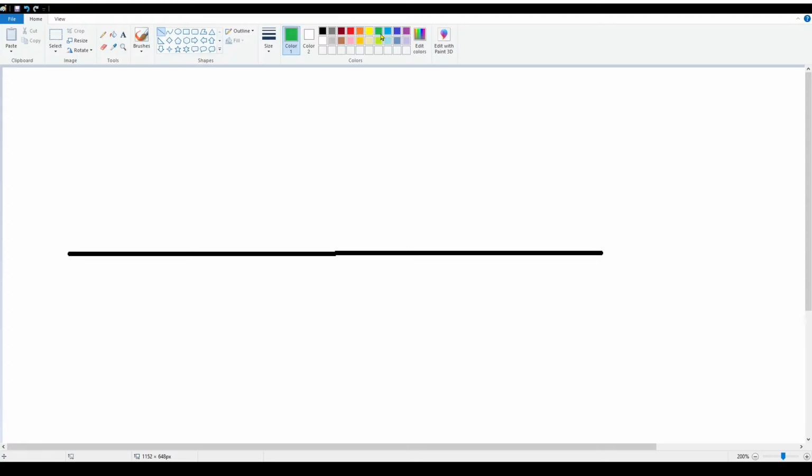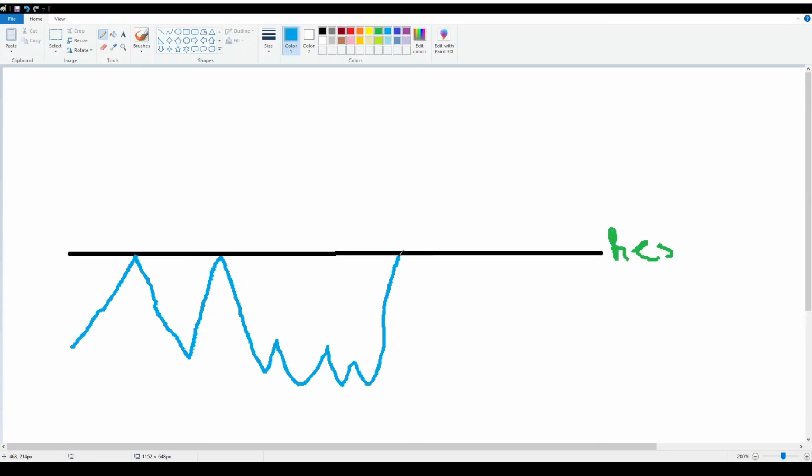Let's just put an R. Let's just say RES, resistance, right? And then let's say this blue line, this is the market, right? This is the price busy moving up and down, doing whatever it's doing.